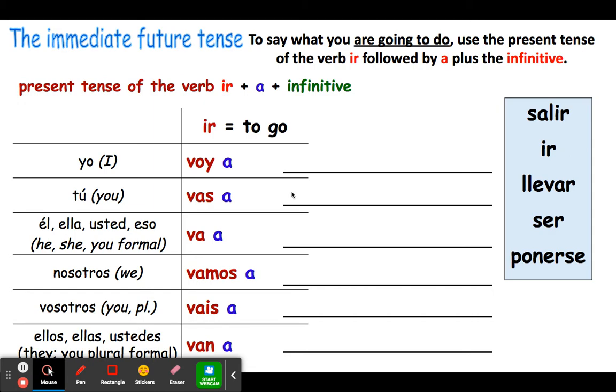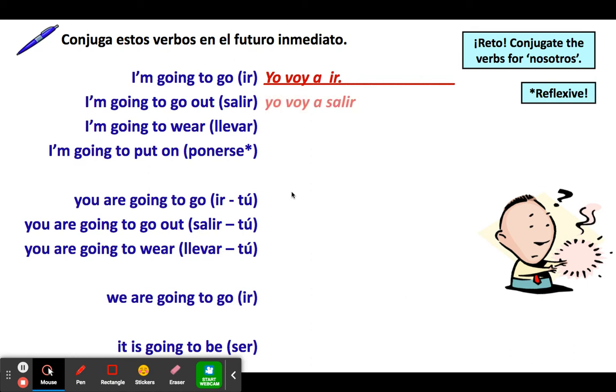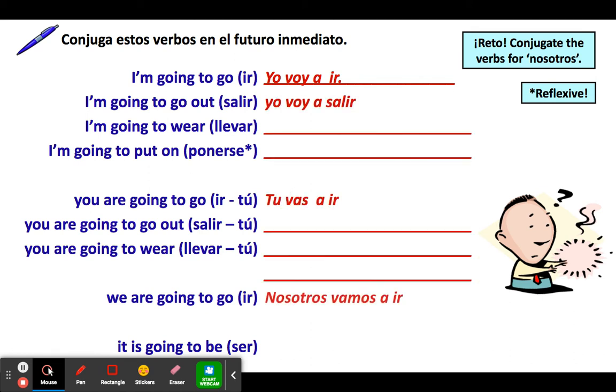So here, for example, I'm going to go. Remember, I'm going to means voy a. And to go means ir. So voy a ir. I'm going to go out means yo voy a salir.